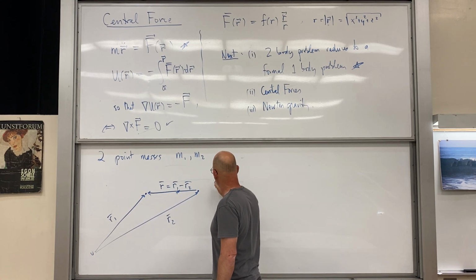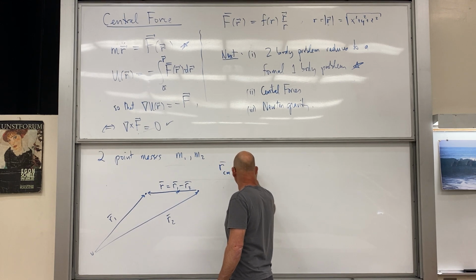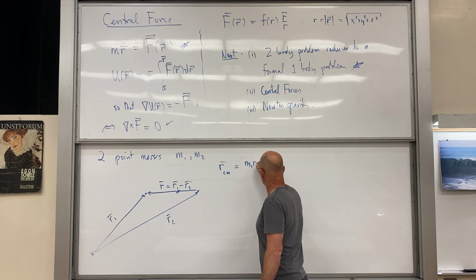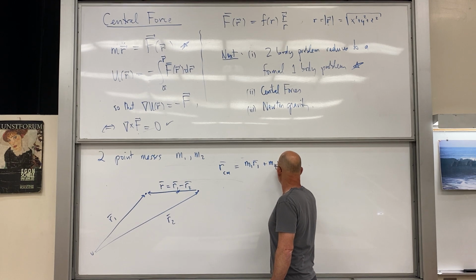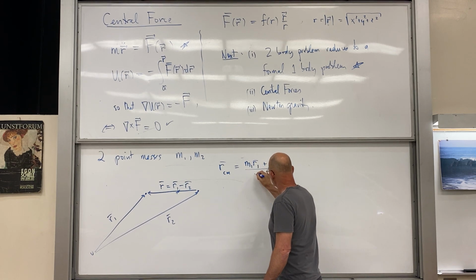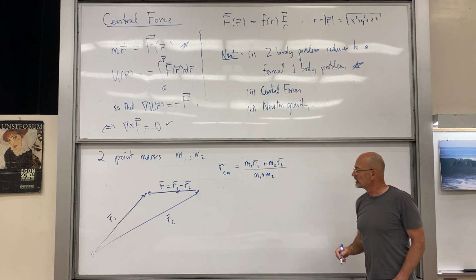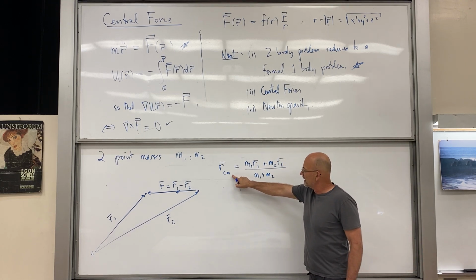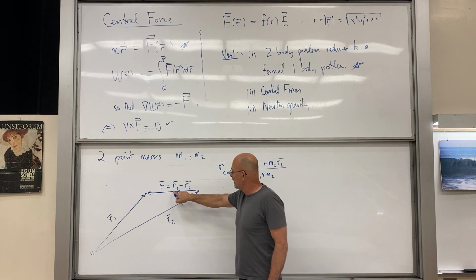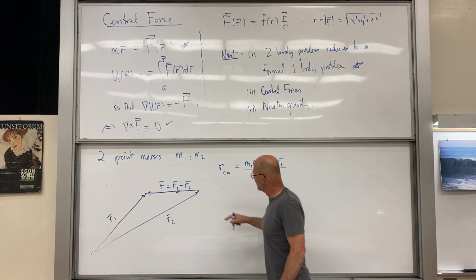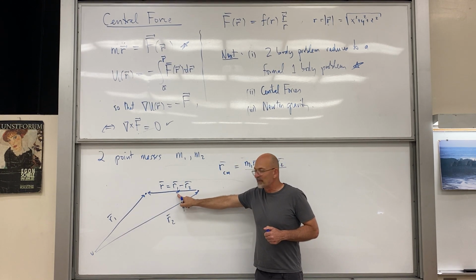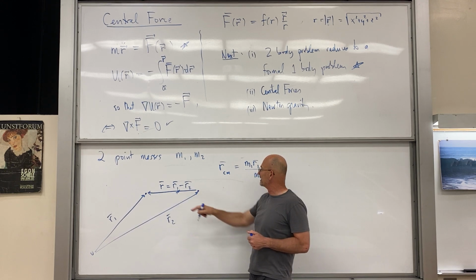We have R center of mass, M1 R1 plus M2 R2, divided by the sum of the two masses. And what we're going to do is express these two vectors with respect to the center of mass. What we want to do is have the center of mass be the origin.